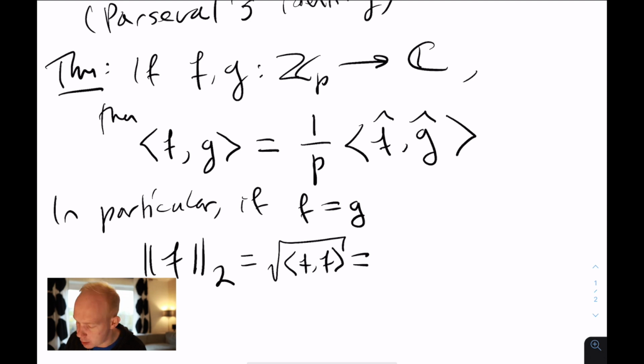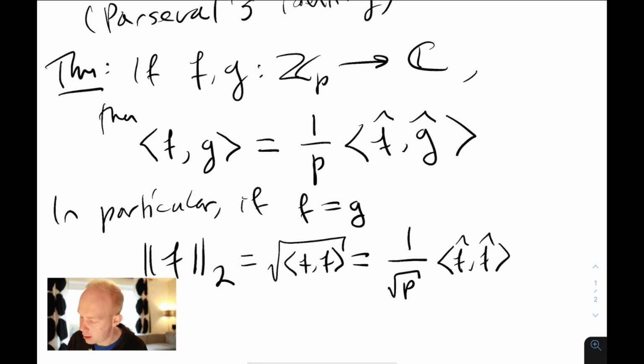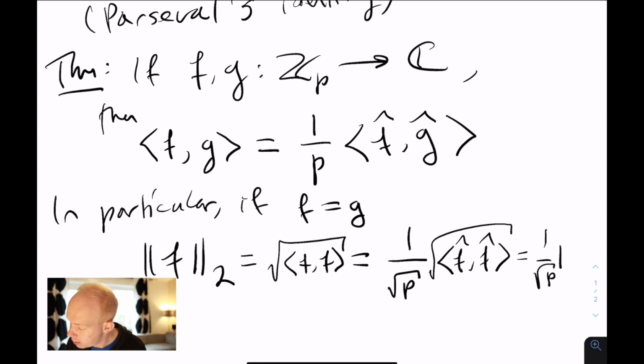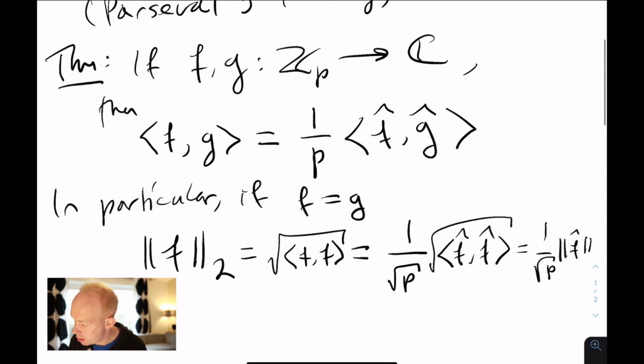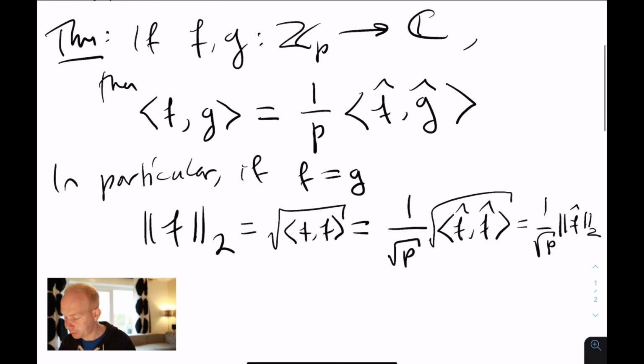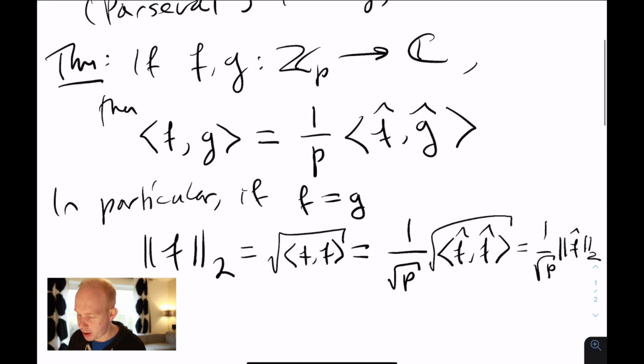So then, if you use that identity, this becomes 1 over the square root of p, and we have the L2 norm of the Fourier transform of f. So this is Plancherel's theorem.